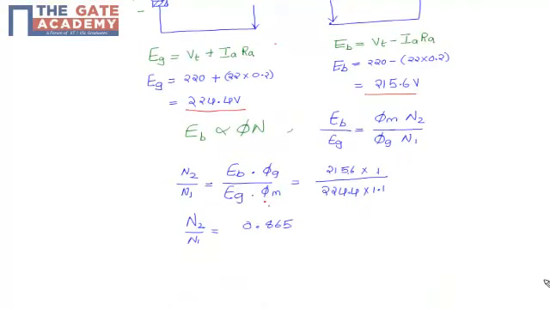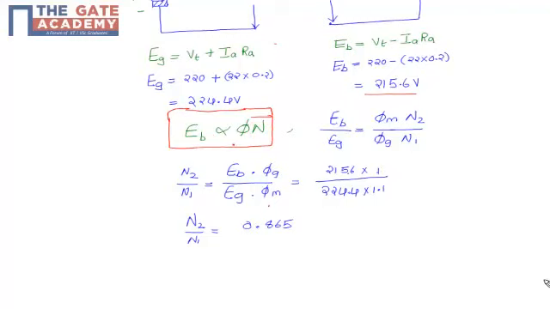We know the back EMF, Eb, is directly proportional to the flux phi into N. From this relation we can calculate the speed.